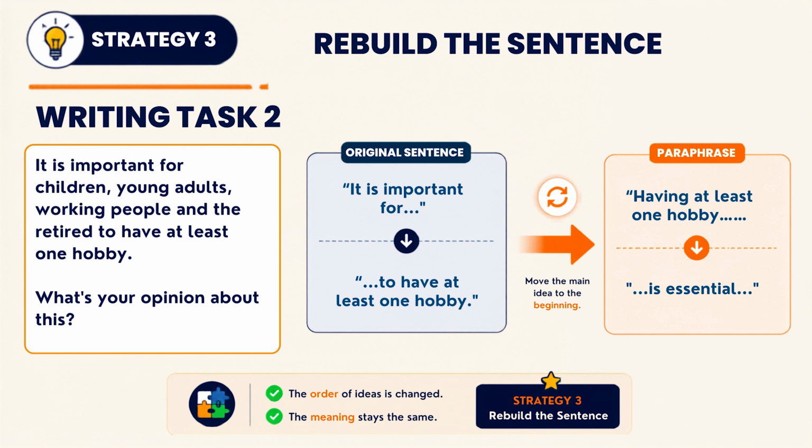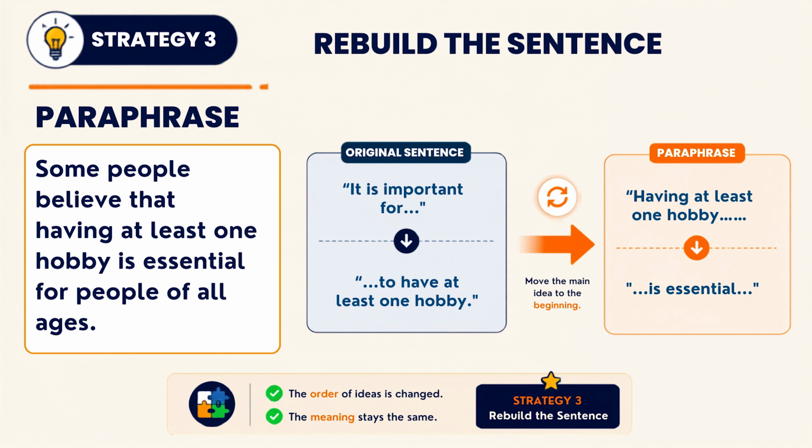Notice what happened. In the original sentence, the word important appears at the beginning of the sentence, while the phrase have at least one hobby comes at the end. In my paraphrase, I reversed the order.